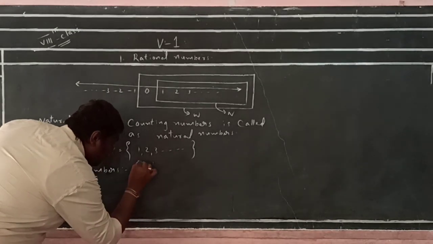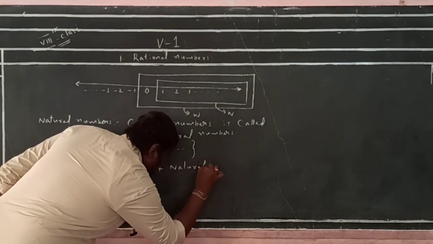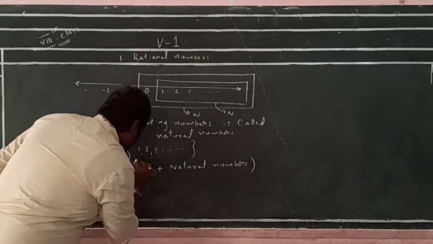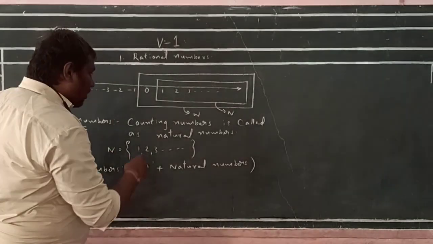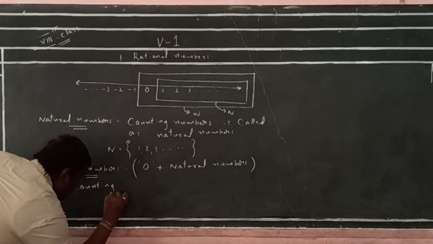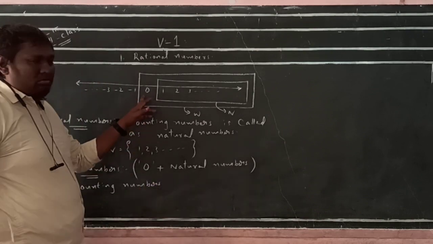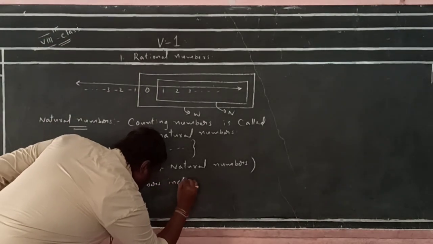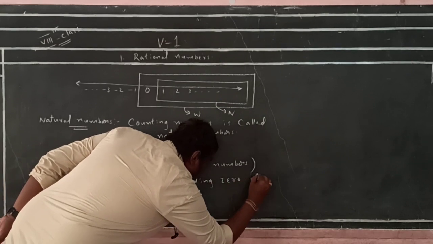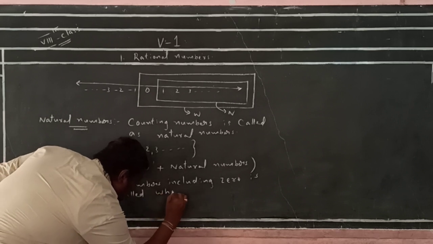Then simply we have to write 0 plus natural numbers, or the counting numbers including 0, is called whole numbers.